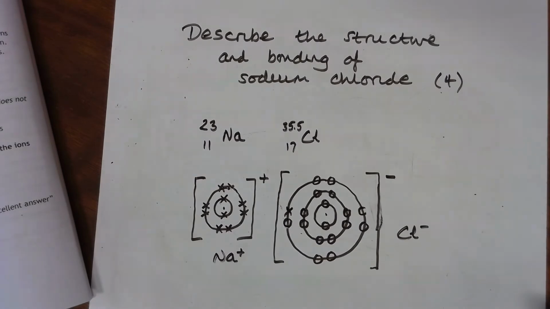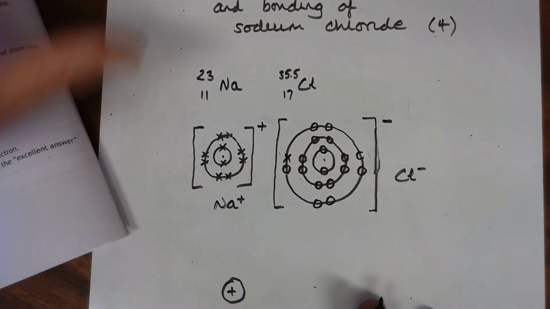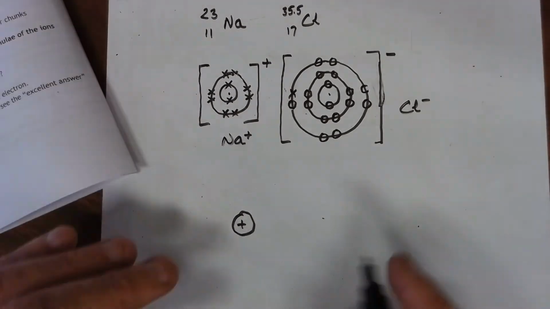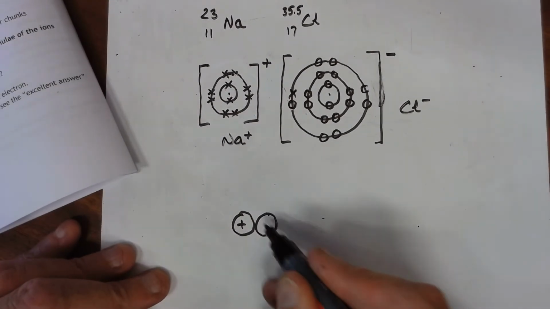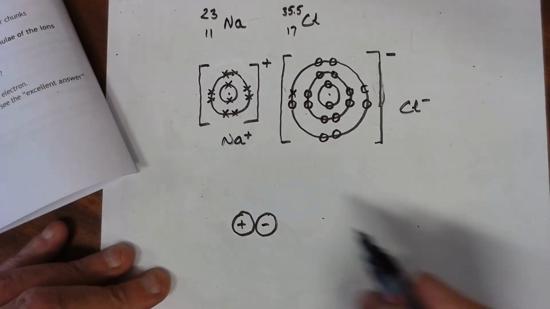We're getting there. What we now have is an idea that the sodium ions are positive and chloride ions are negative. So in our heads we can picture these billions and billions of positive sodium ions now being attracted to the negative chloride ions.